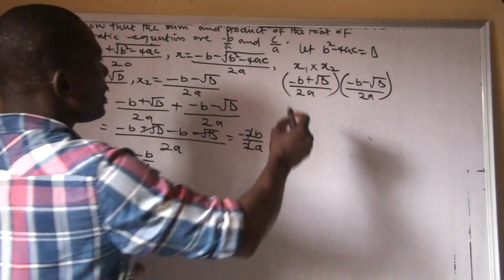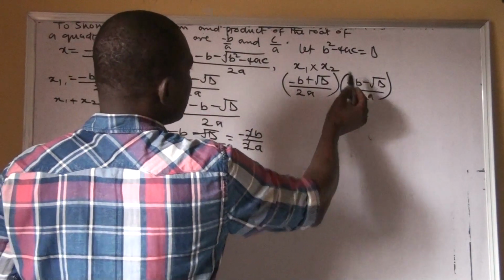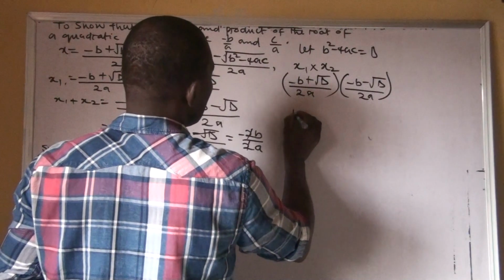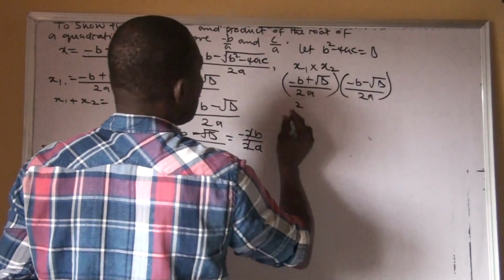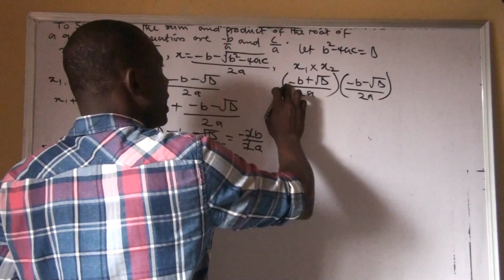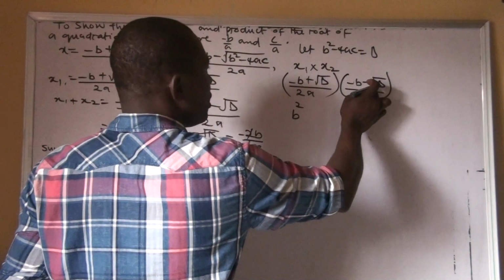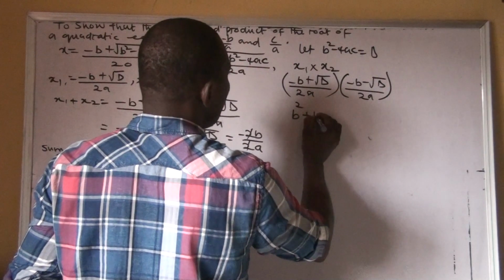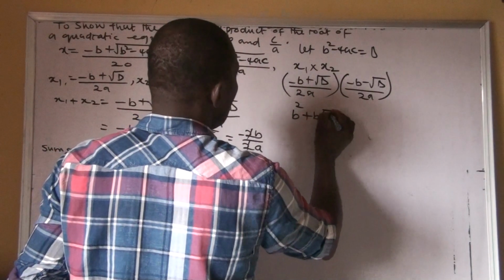So this one simply means that this will multiply this: minus b times minus b will give us just b squared, minus b times minus root d will give us plus b root d.